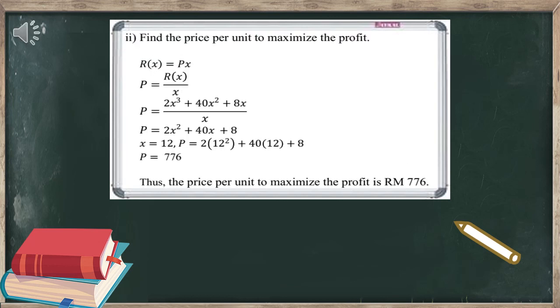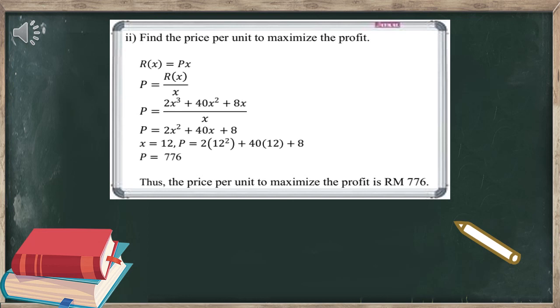This question needs us to find the price per unit to maximize the profit. So we have the revenue formula, which is R function equal to Px. So to find P, we move x to the left and then we get P equal to R function divided by x, and then for the R function we have 2x power of 3 plus 40x power of 2 plus 8x divided by x, and this we can simplify to 2x squared plus 40x plus 8.